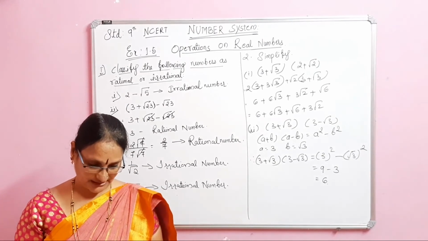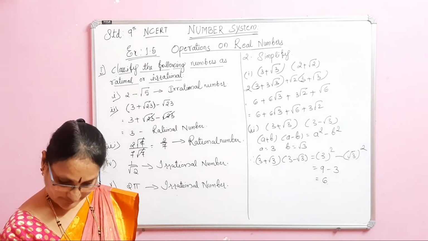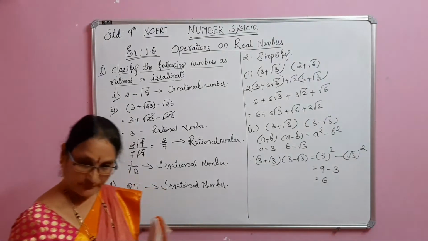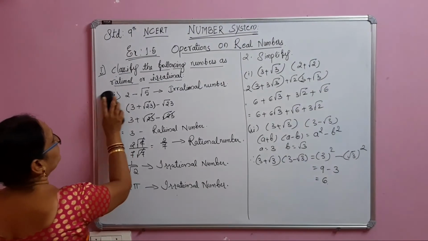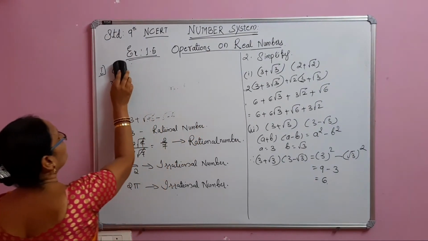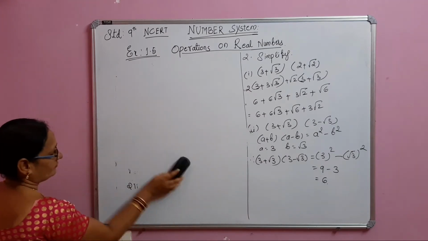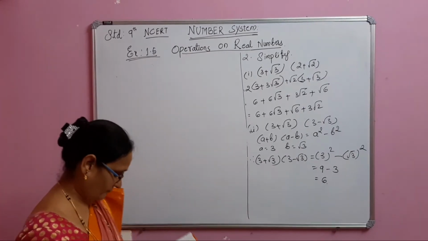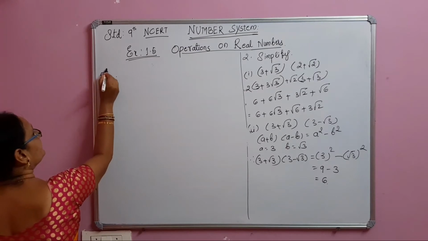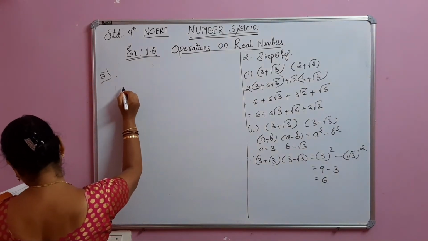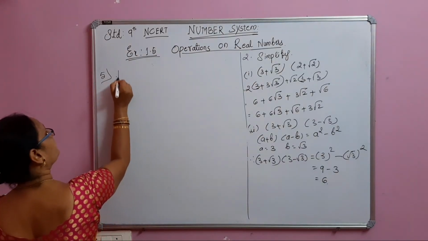Then I will go to the fifth main. In the fifth main, I will solve 2 examples. The remaining you can solve yourselves. See here, in the fifth main: rationalize the denominators.